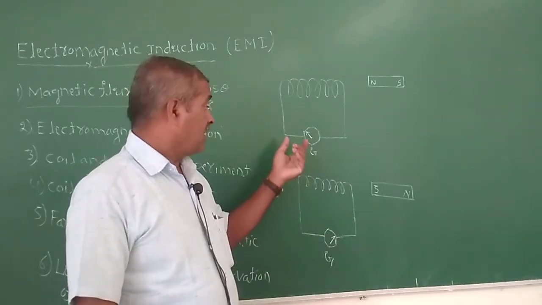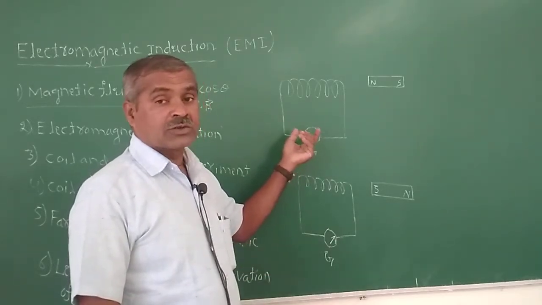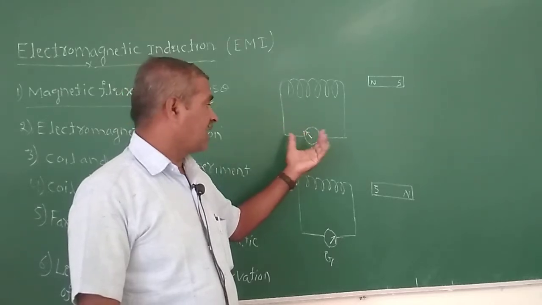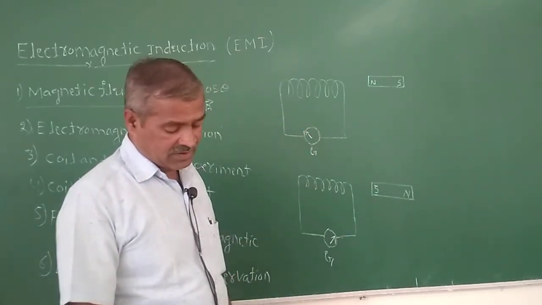Then the induced current is set up in this coil, and the galvanometer shows deflection.